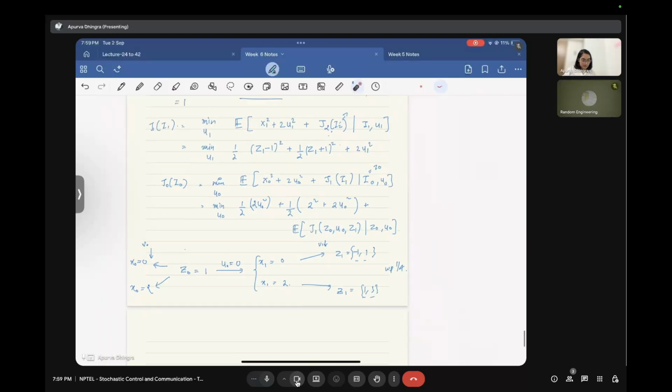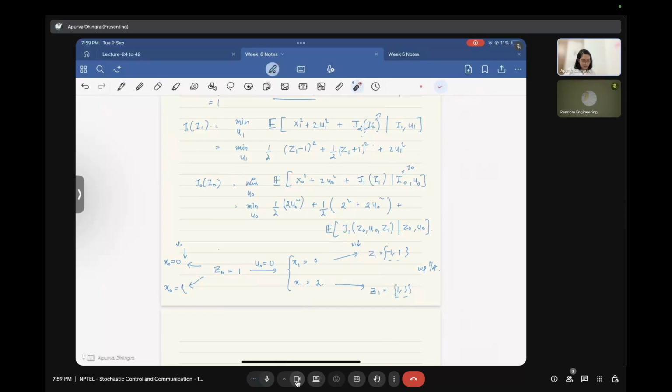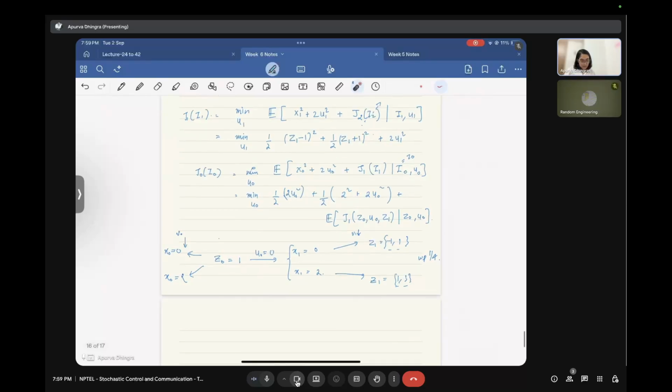Okay, so this is one scenario. We've only done one scenario. The other is if the action taken was 1. If the action taken was 1, x1 would have been 1 plus 0, 1, and hence z1 could be 0 or... wait, am I adding or subtracting?